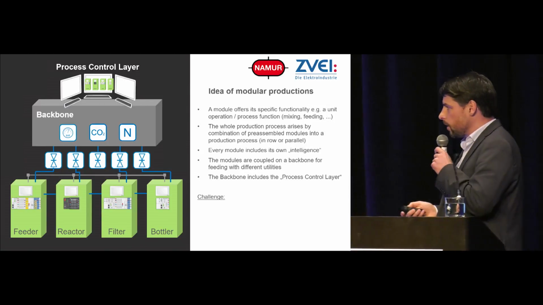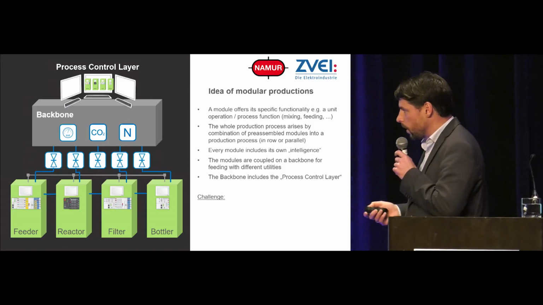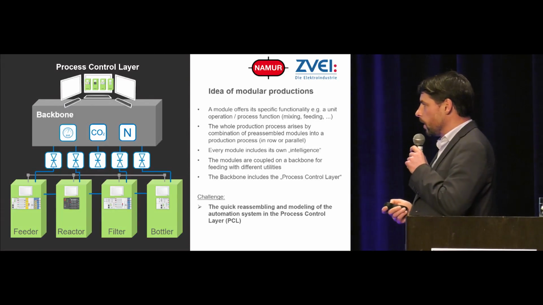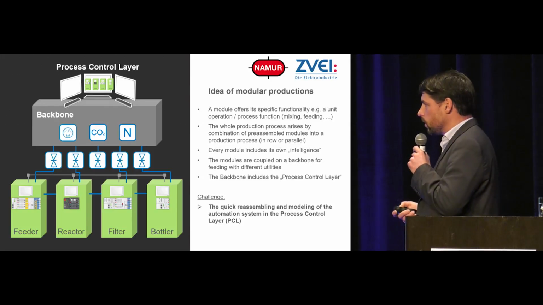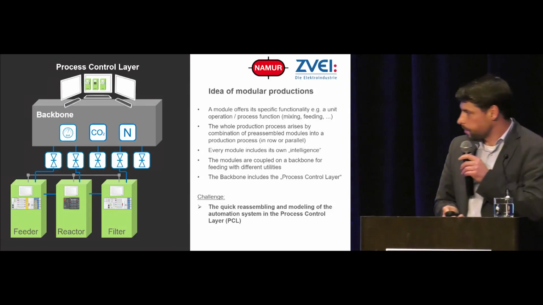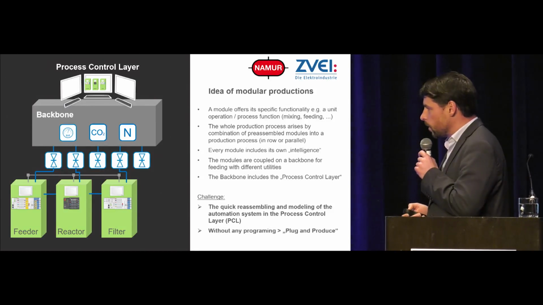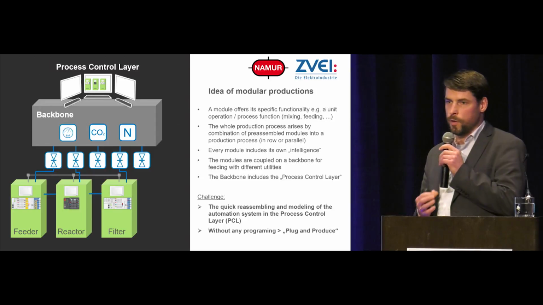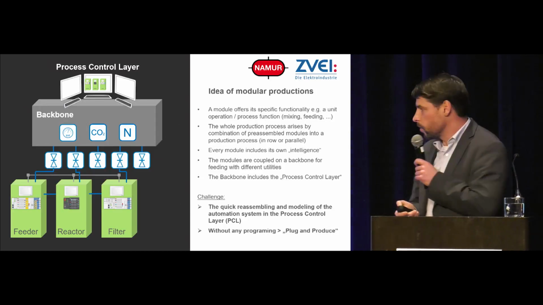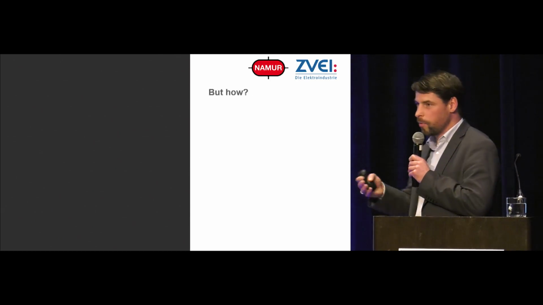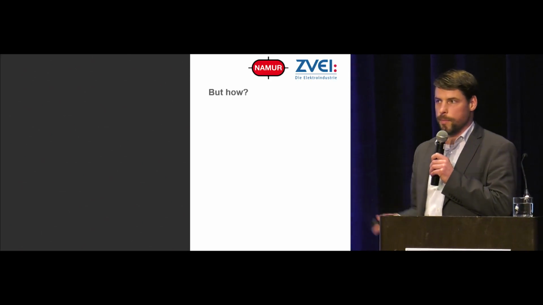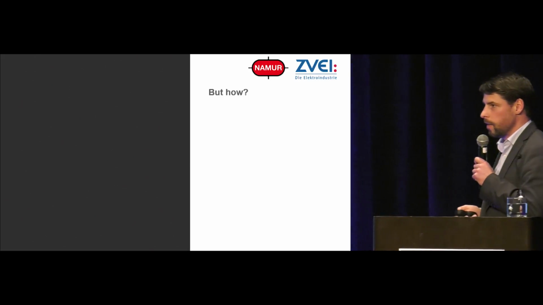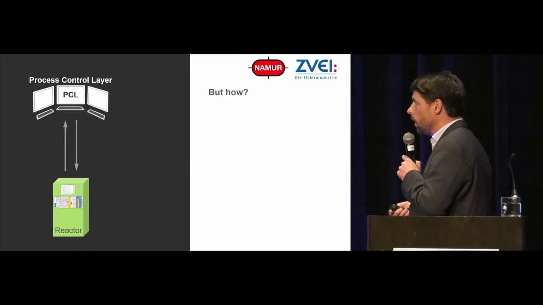The challenge, because the time is counting, is that the quick reassembling and modeling of the automation system in the process control layer should be as easy as in the physical world. And this should be done without any programming, following the idea of plug and produce. But how to do this? How to integrate modules into a PCL layer that fast?